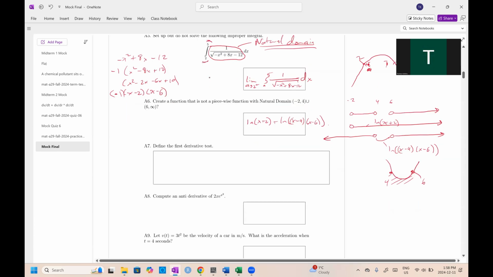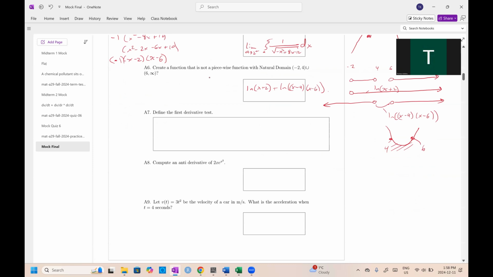Okay. Now we have the first derivative test. We need to define it. The first derivative test says: let C be a critical point.